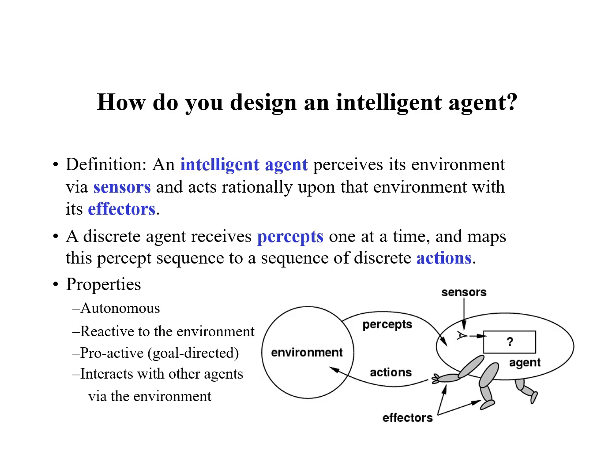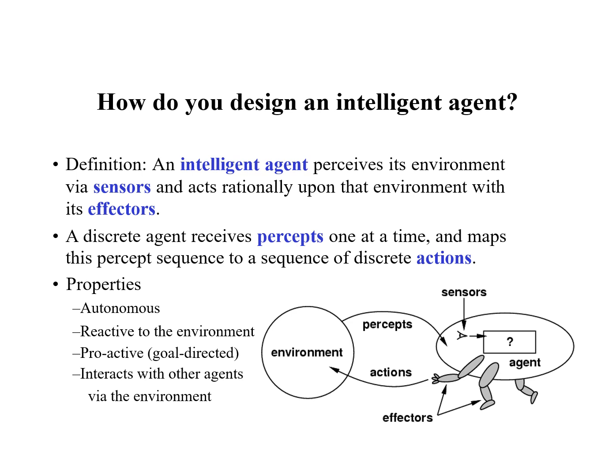In this lecture, we will be studying more about how to design an intelligent agent. If we want to design an intelligent agent, we must know what an intelligent agent is. Here, the definition is given: an intelligent agent perceives its environment via sensors and acts rationally upon the environment with its effectors.